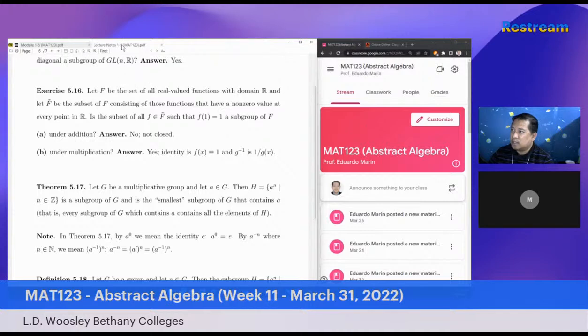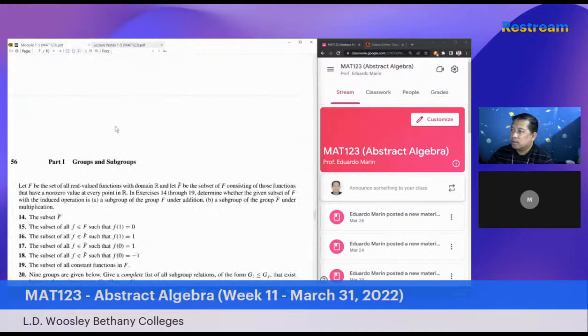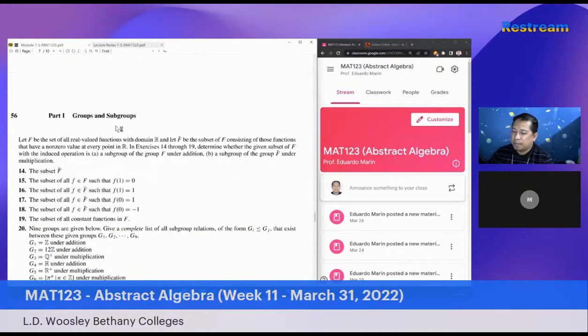Dahil pag non-zero value, so anong implication? The subset F tilde, whether F with the induced operation is a subset of group F under addition.